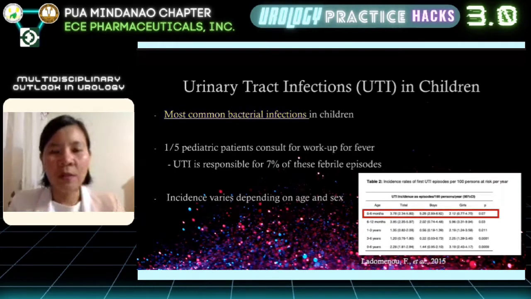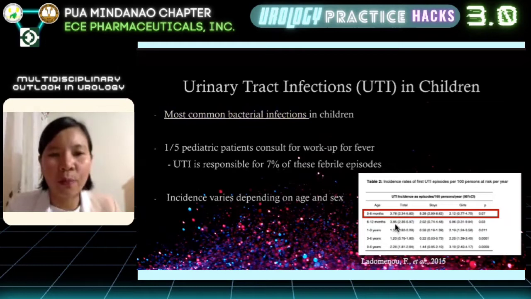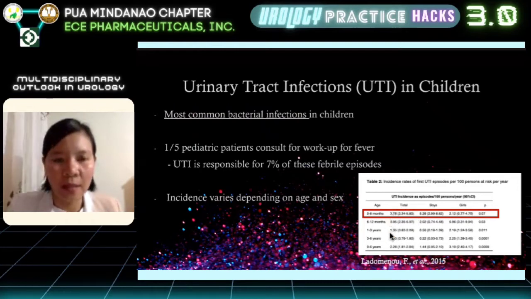So here, this table shows that the incidence for boys with UTI is highest during the first 6 months of life and decreases as they age, as compared with the female, where UTIs are less common during the first 6 months of life but increases with age.